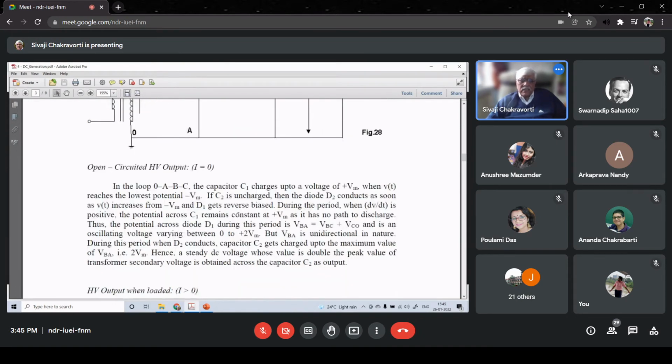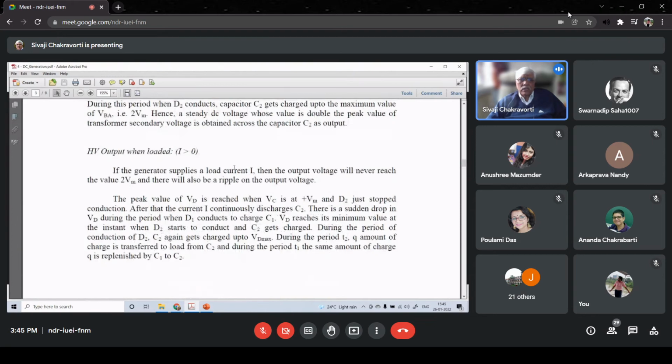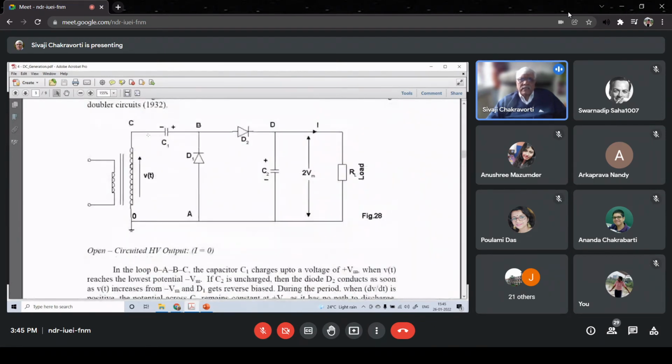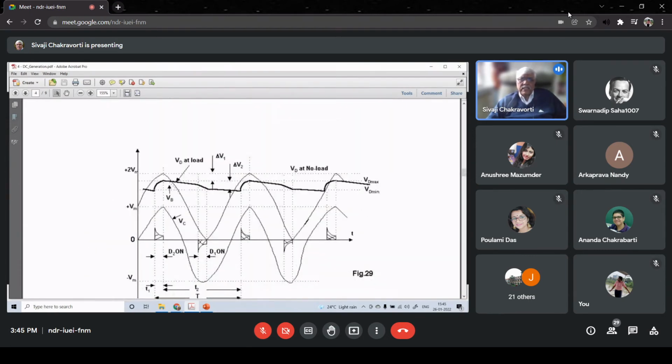But wait, the big question is whether C2 will be really charged up to 2 Vm. The answer is no, because this C1, when D1 is reverse biased, will discharge a little bit of charge through D1. It will also discharge through RL. So effectively, the actual highest voltage of C2 is never 2 Vm.